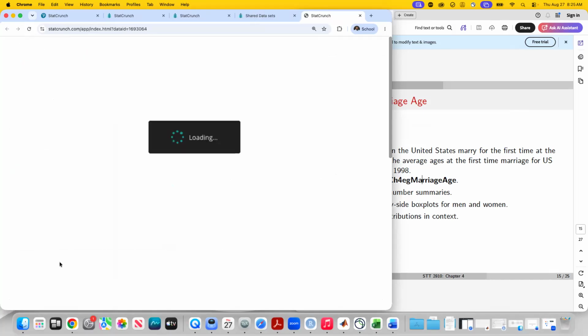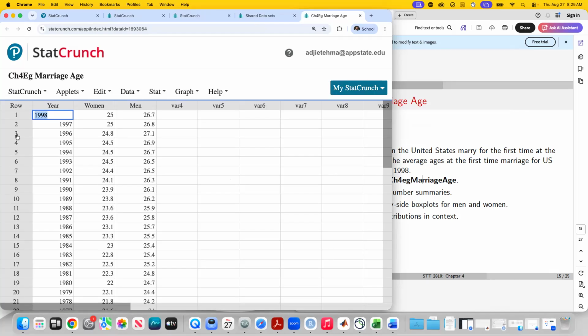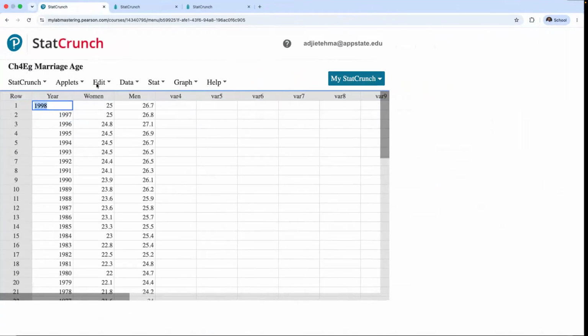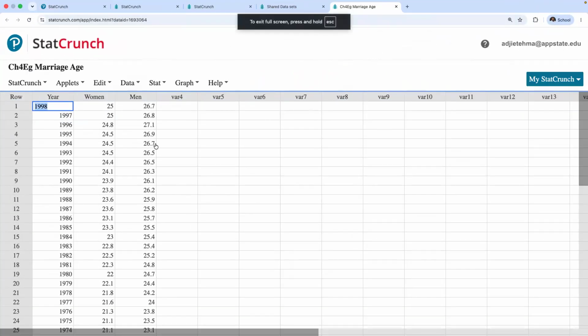So we click on this, and then there we go. This is our data set. So what I want you to do is to find the 5-number summary for men and women. Try to do that by yourself. Find the 5-number summary.